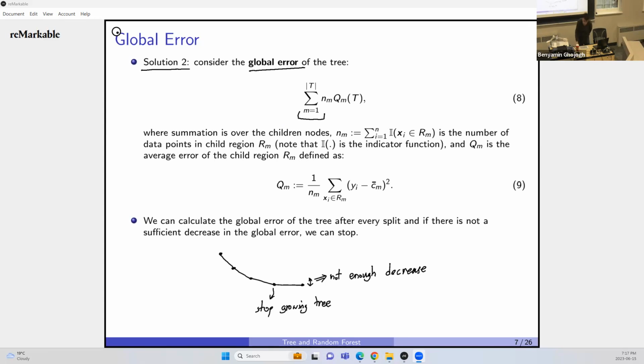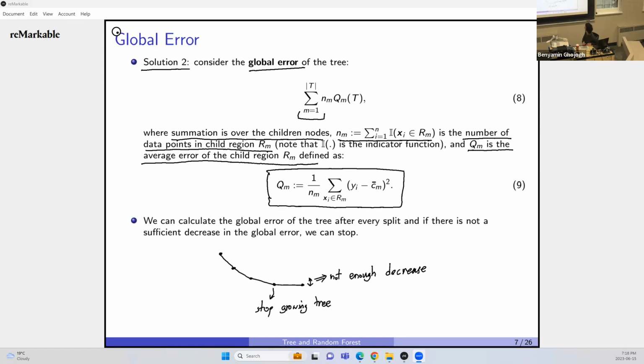We are summing over the terminal nodes or the children nodes, and NM is the number of data points in the child region Rm. Every child region has some points, and the cardinality of the points in that region we denote by NM. The summation is over the children nodes, and QM here is the average error of the child region Rm, defined in equation 9.